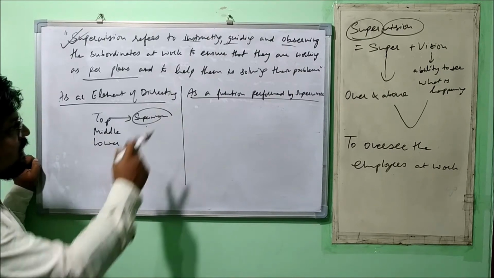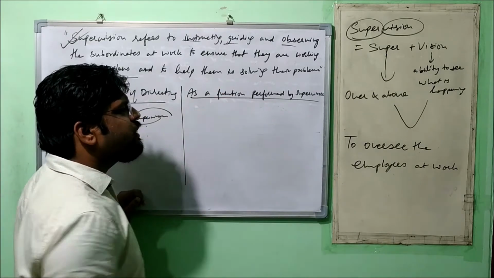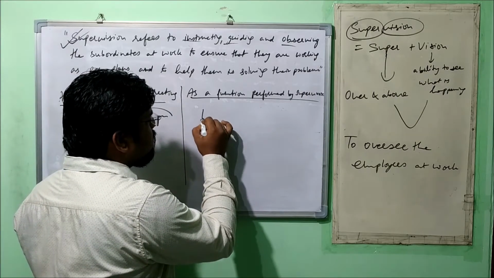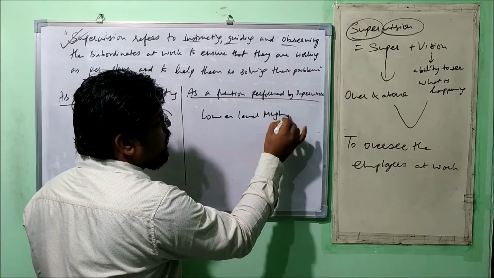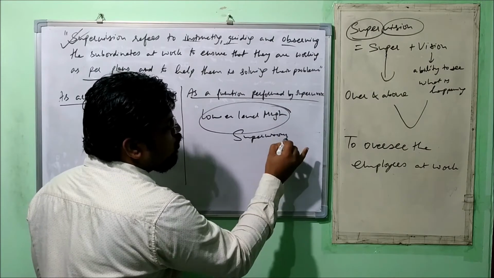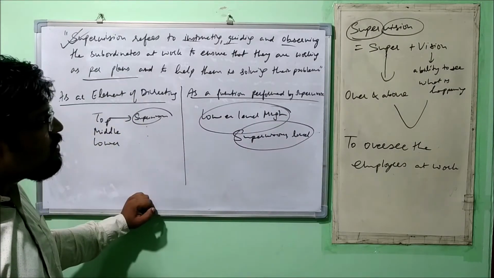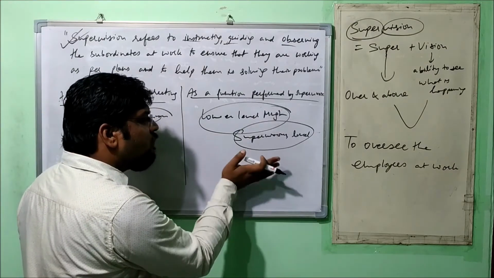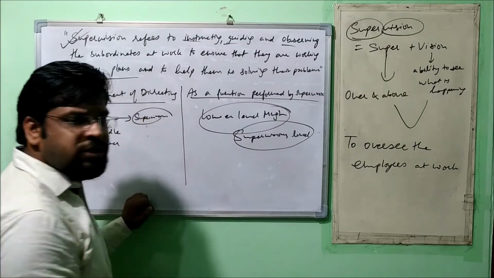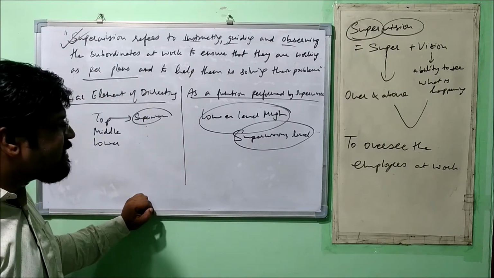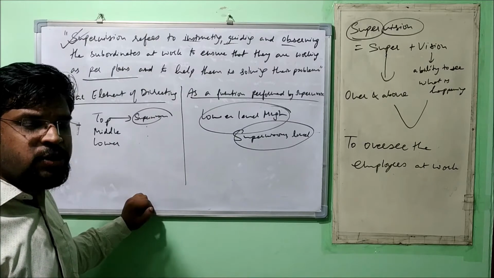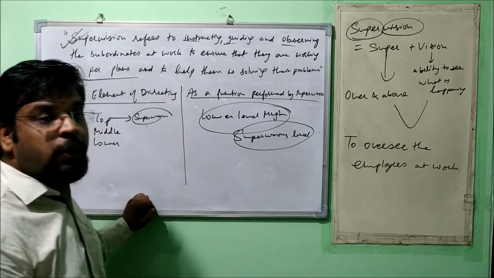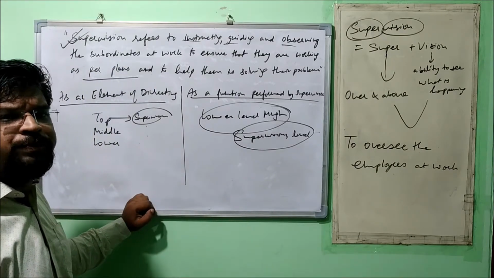Alright, now let's understand this. Already you have understood it. I would like to just remind you. We know very well there is the lower level management, which is also known as supervisory level. So as many functions a supervisor is supposed to do, these all functions are known as supervision here, right? Whether he represents the grievances of the workers, or he ensures safety of the workers, or he oversees the work, observes the work, solves their problems.